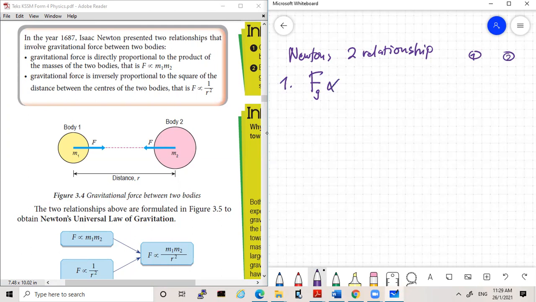This is the symbol we use for directly proportional in mathematics. Let me write it in a sentence first: gravitational force is directly proportional, which means the force will increase at a fixed ratio, to the product.